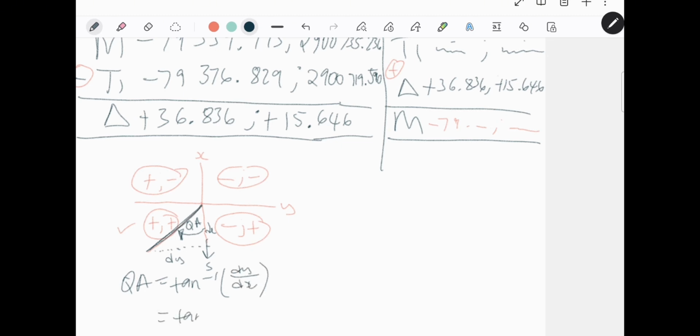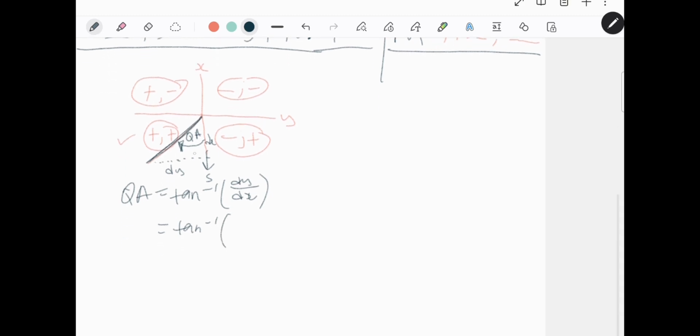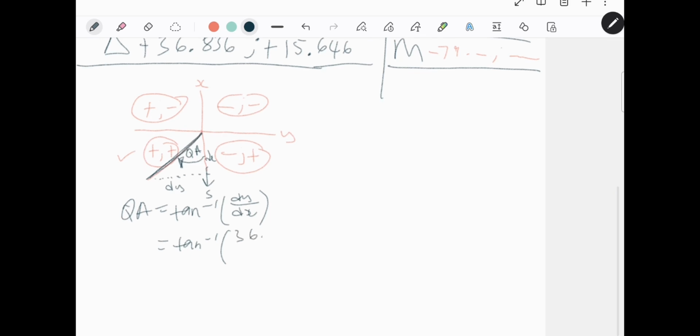So it's tan inverse of your dy being positive 36.836 over 15.646.